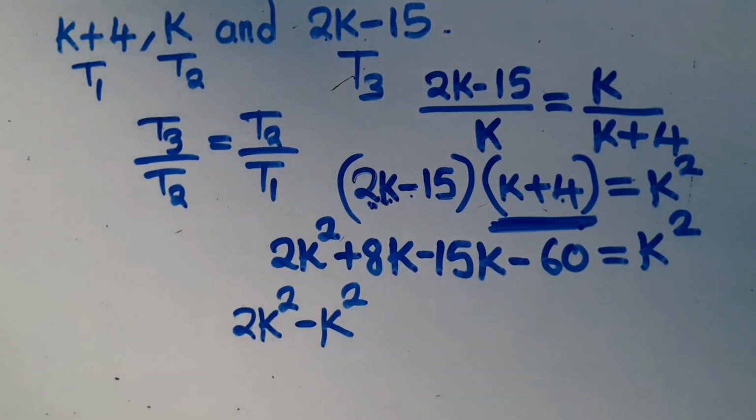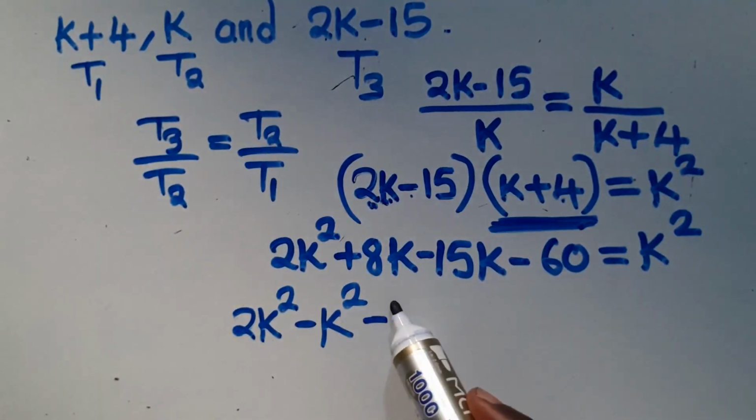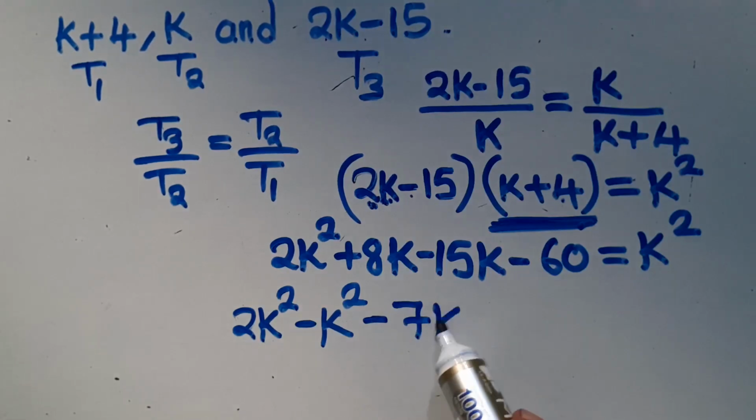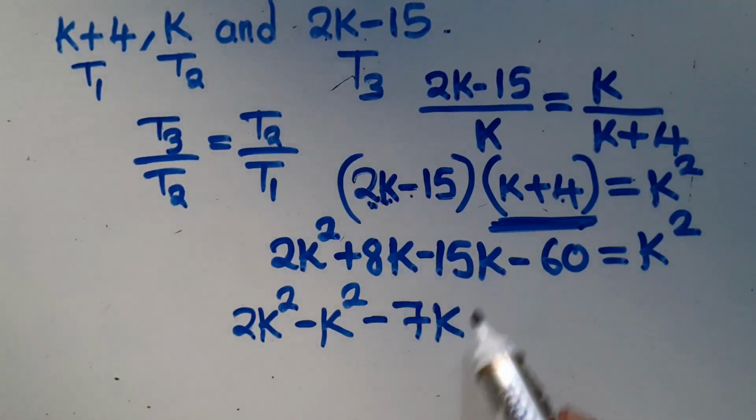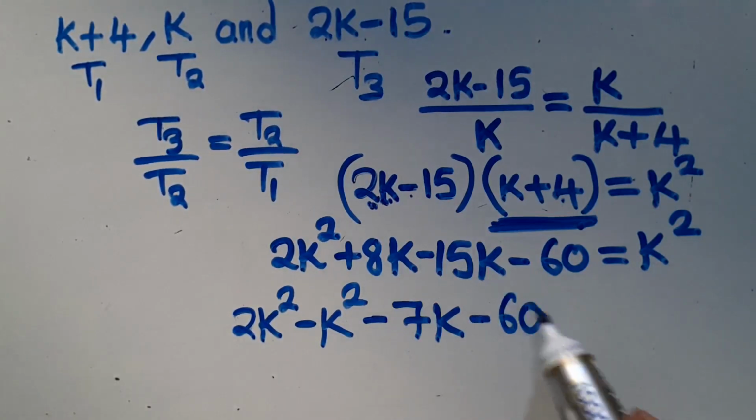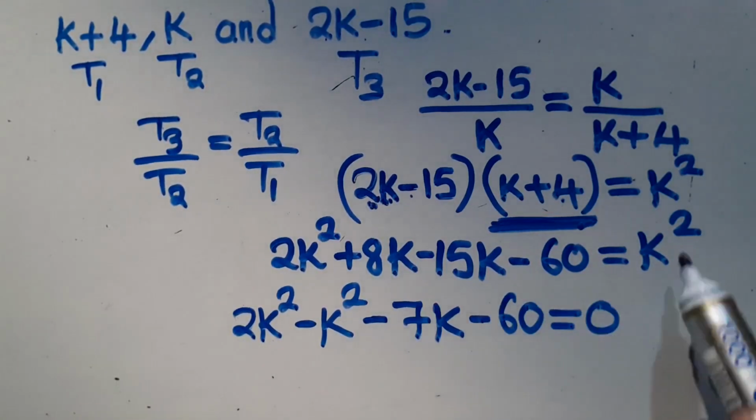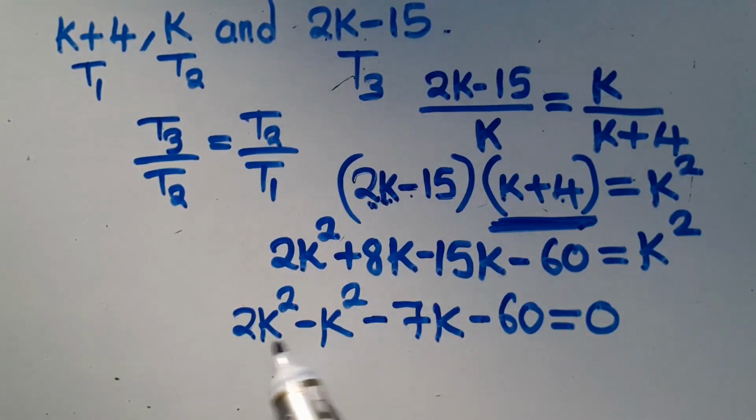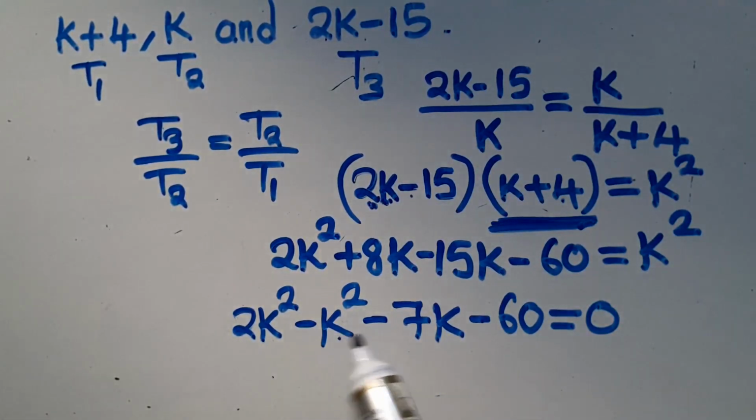What is 8 minus 15? 8 minus 15, you get negative 7. So minus 7k. 8 minus 15 is negative 7k. Minus what? 60. Here we've got a 0 there. There is nothing there. So what answer are you getting here?